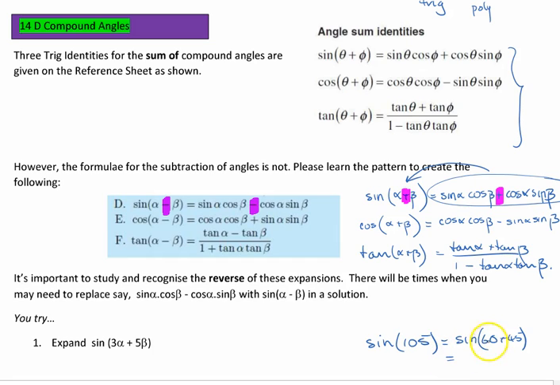And then you can break that up into sine 60, which you know the exact value for, cos 45, which you know the exact value for from your triangles, plus, and so on, cos 60 sine 45. So that's the type of application. We're just learning these identities and using them in a format to perfect these skills. Not real application, just perfecting the skills.